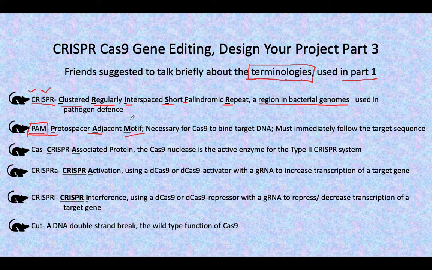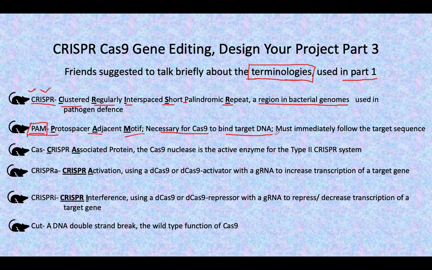Why is PAM so important? Because PAM is necessary for Cas9 to bind to the target DNA. The PAM will show the place to the Cas9 where it needs to show its action.